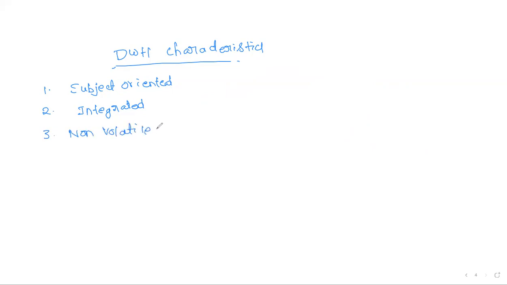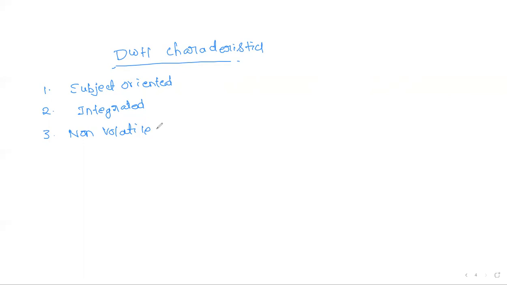Non-volatile means not changing. Like, in a particular period, you will collect the data. That generally doesn't change. But from period to period, it will change again. So let us say today, on April 1st, we have collected some data. It means the whole March data. And again, on May 1st, we collect all the April data. It means the whole April data will not change. The whole March data will not change.